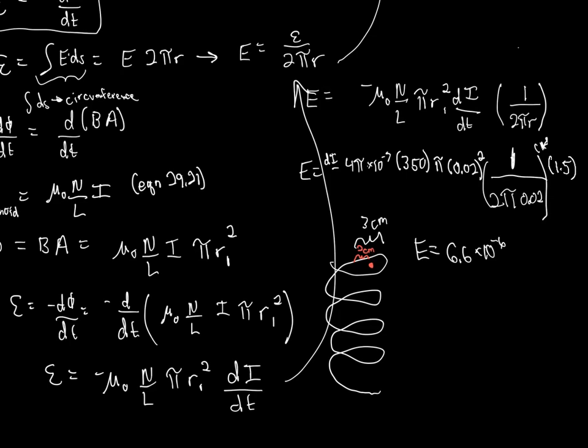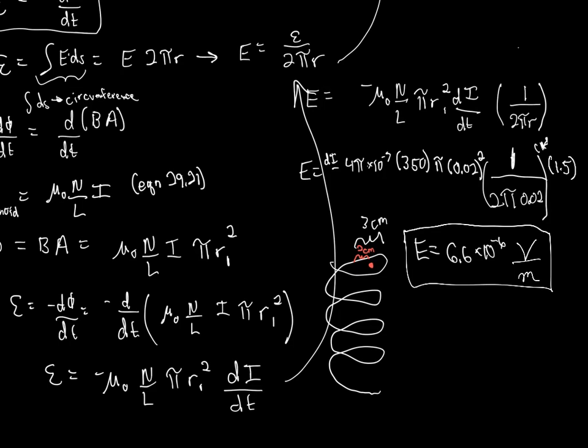Multiply it all together. 6.6 times 10 to the negative 6 volts per meter. Questions on that? So it's just a plug and chug problem. And then we need to do it again for part B.